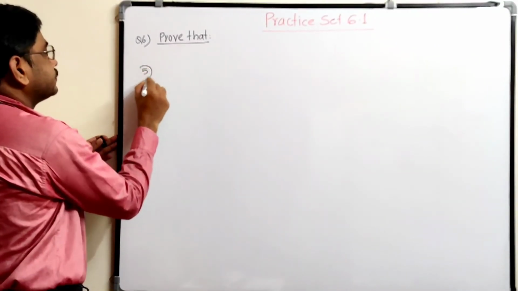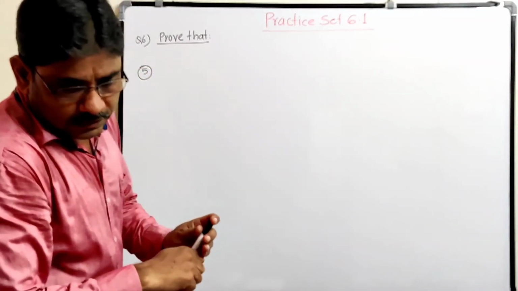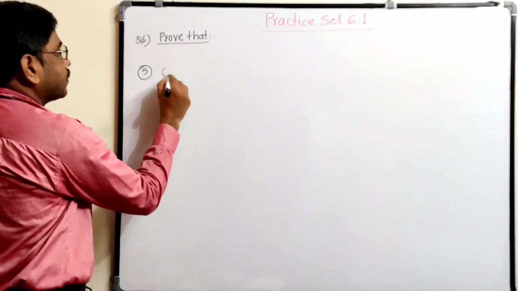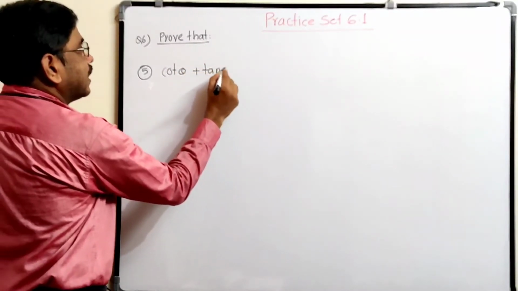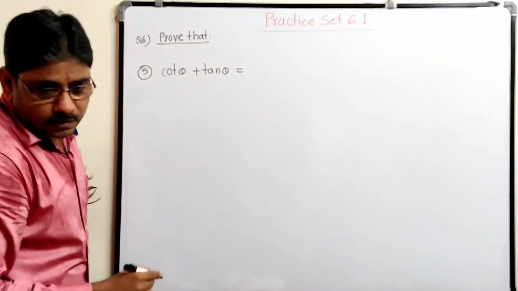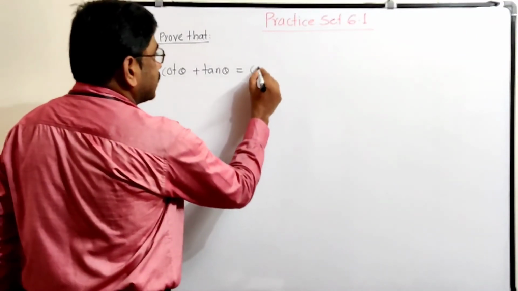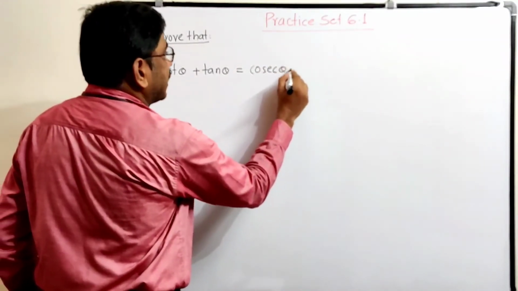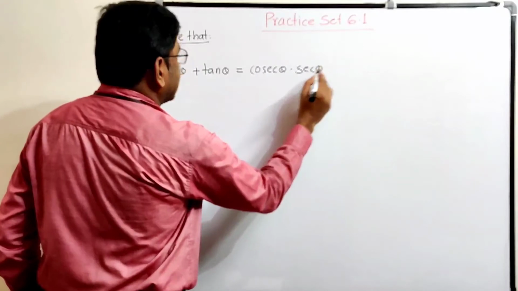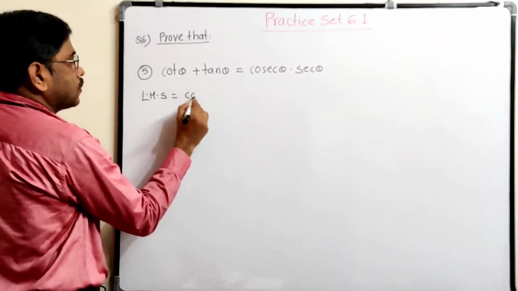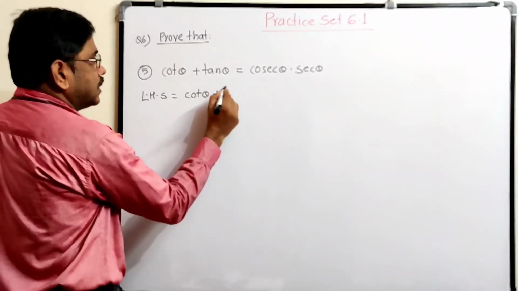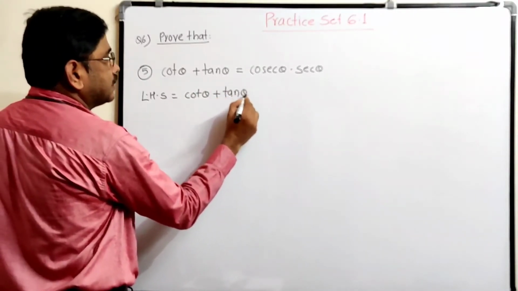Fifth one, cot theta plus tan theta is equal to cosec theta into sec theta. So, left hand side, LHS: cot theta plus tan theta.